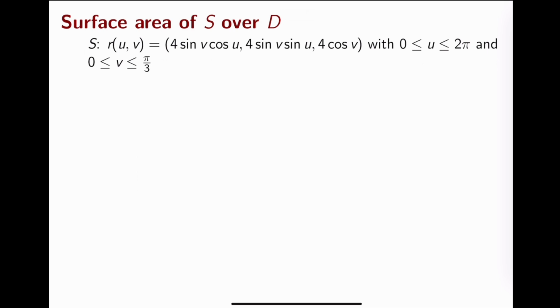Well, in order to calculate the surface area, as before, we need to start by calculating the vectors r_u and r_v. So the vector r_u will be the derivative of each component here with respect to u.